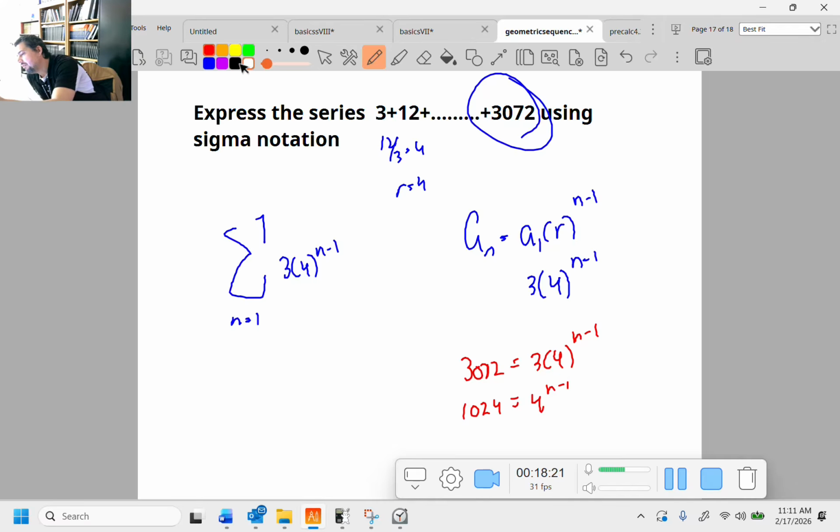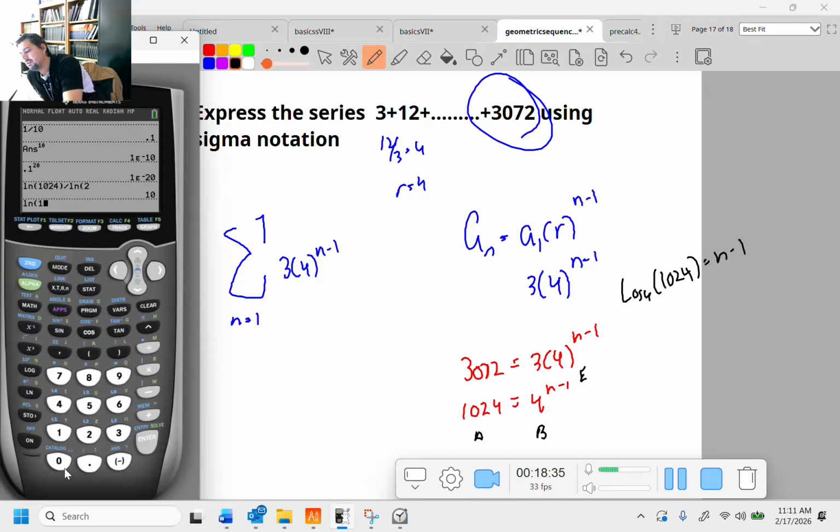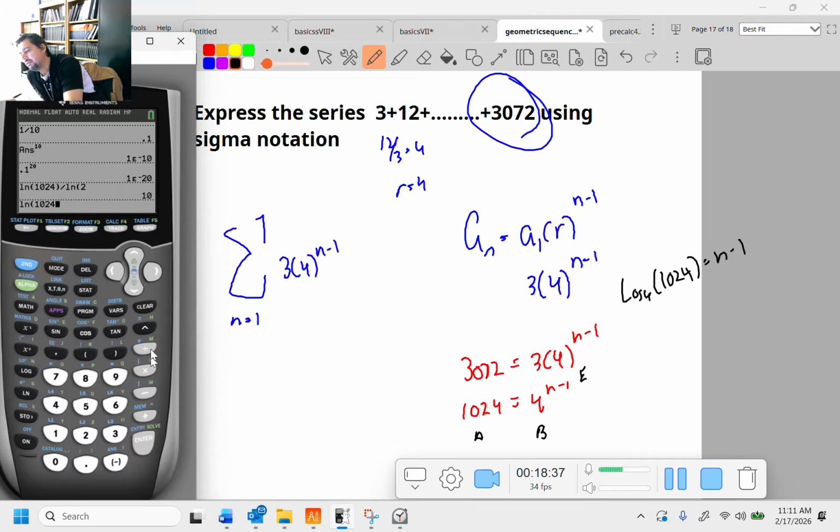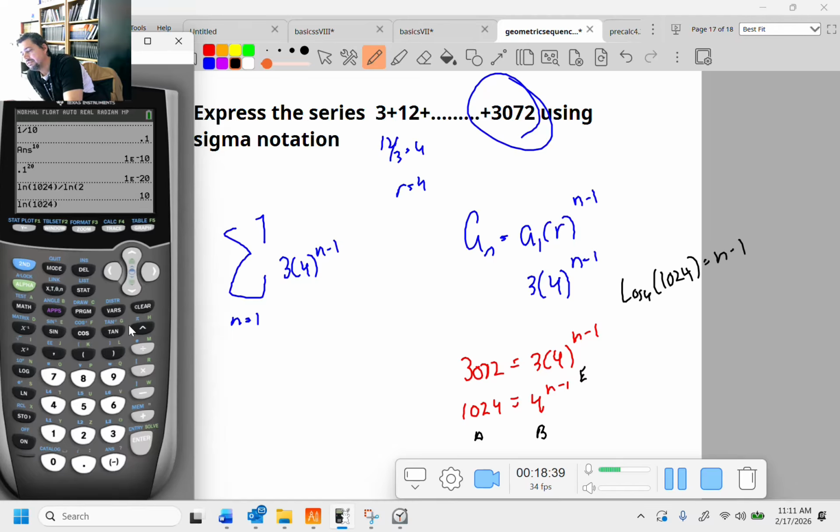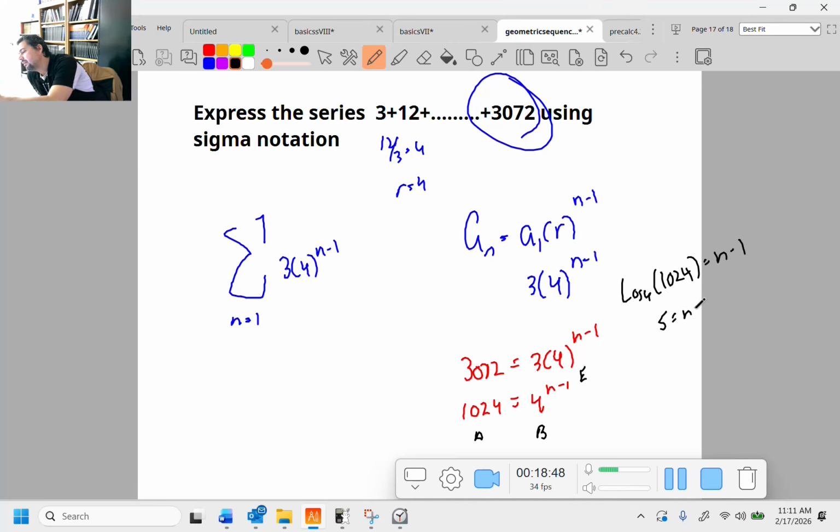And then I do logarithms. Base, exponent, argument. A log of base 4 with an argument of 1024 is n minus 1. Maybe go push buttons on that bad boy right there. That's a natural log of 1024 divided by the natural log of 4, and the answer had best be 5, or something's wrong with me today, and it is. 5 equals n minus 1, so n is 6.